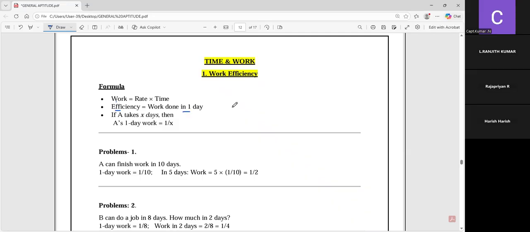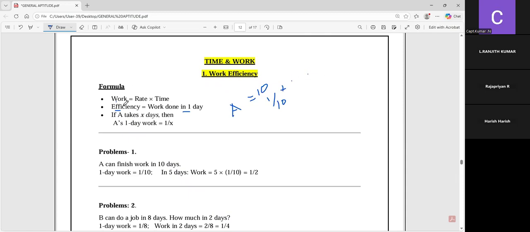So for example, person A doing the work completes the work in 10 days. What is the 1 day work? One day, like that only, first day, 1 day, second day.